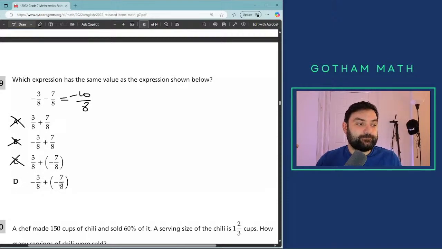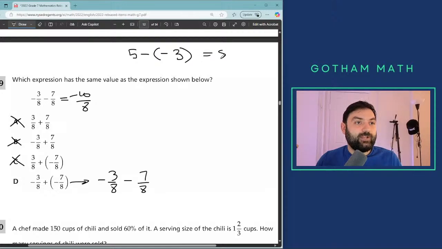Why is it D? Because you need to know that plus followed by a number inside the parentheses which is negative just gives you negative. Plus and minus in a row is just minus. So this is just that, which is exactly what we have here. You need to remember, if you have minus minus, like let's say 5 minus minus 3, it is 5 plus 3, because minus followed by the minus inside turns into a plus.